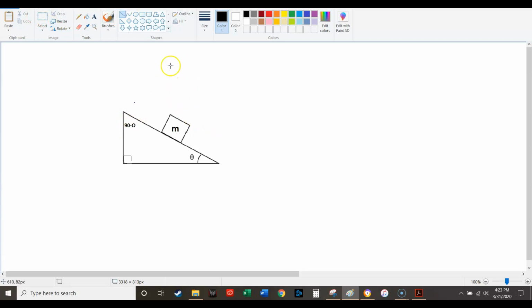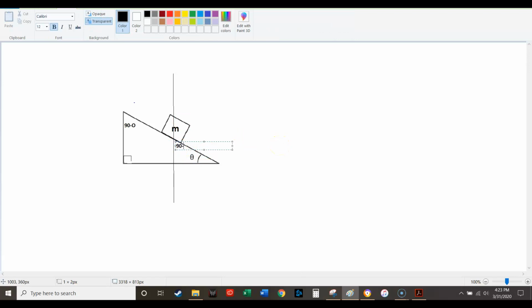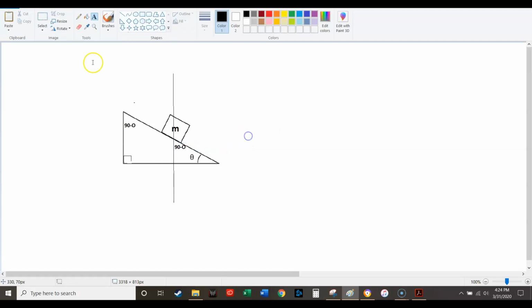I'm just going to cut this off right here. And this is now a new triangle. Even though this is 90 degrees and it looks bigger, this is actually 90 minus theta as well. And then if that's 90 minus theta and that's theta, then this will be 90 degrees of this smaller triangle. Okay? So we have a mini triangle of this whole thing.